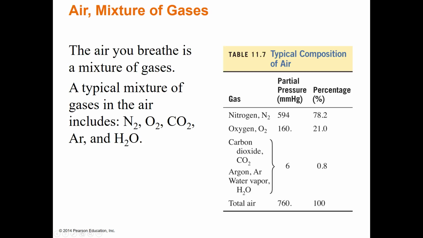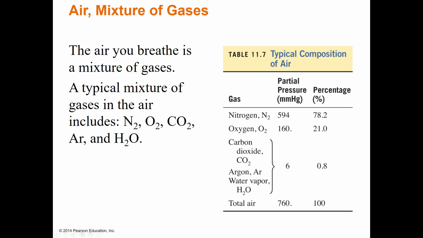The total pressure exerted by air is 760 millimeters of mercury, out of which 594 millimeters of mercury would be exerted by the nitrogen, because 594 is 78.2% of 760. The oxygen would exert 160 millimeters of mercury, since it's 21% of the total. And the other trace gases would exert 6 millimeters of mercury, because they make up 0.8% of the total.